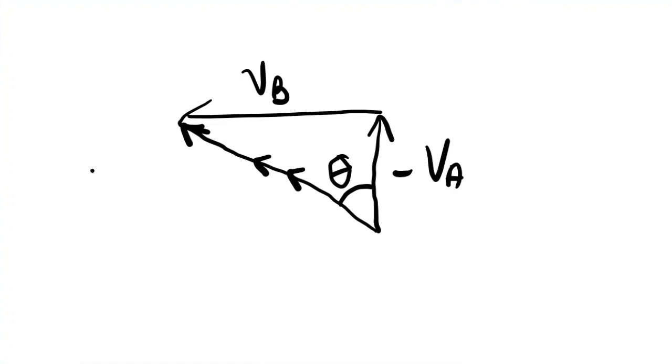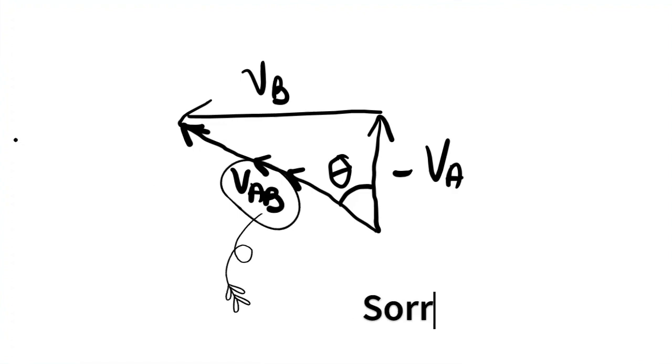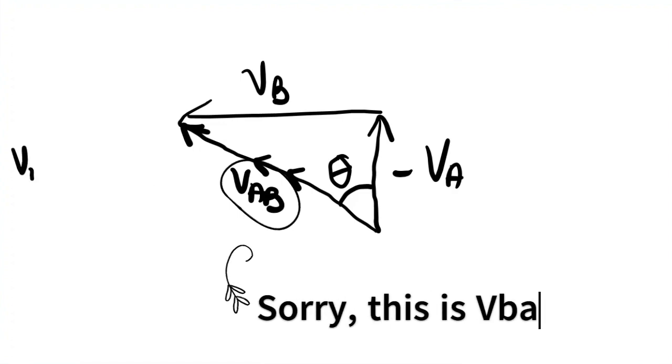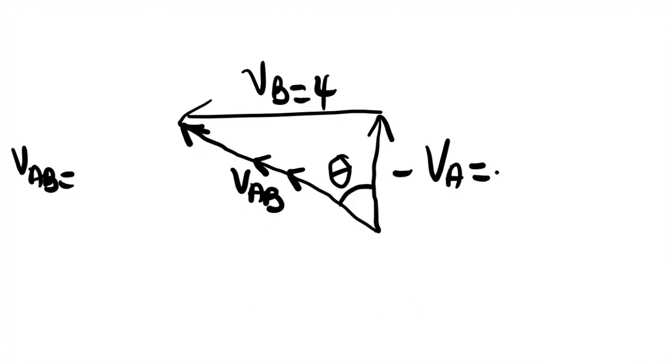Then we need to find this theta. How do you find it? So this is VBA, the hypotenuse of the right angle triangle that we obtain. VB has a value of 4, and VA has a value of 2. So it's going to be the square root of 4 squared plus 2 squared.